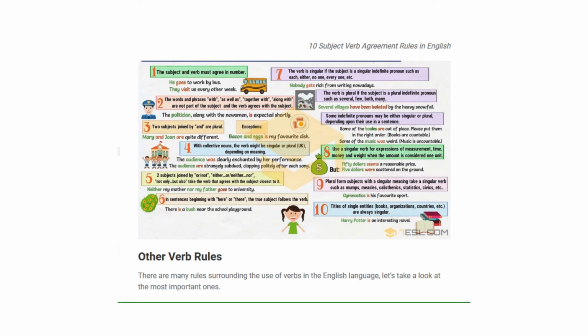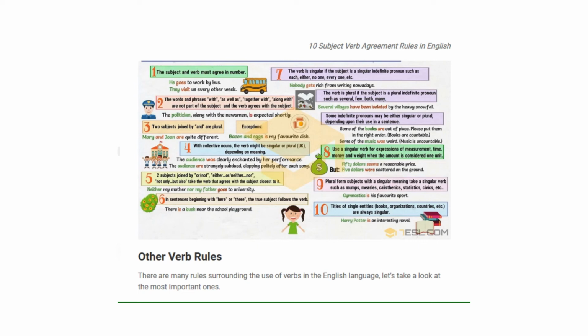Number 3, two subjects joined by and are plural. And there is an exception. So first we say the example: Mary and John are quite different. The exception: bacon and eggs is my favorite dish. Okay. So number 4, with collective nouns, the verb might be singular or plural, depending on meaning.